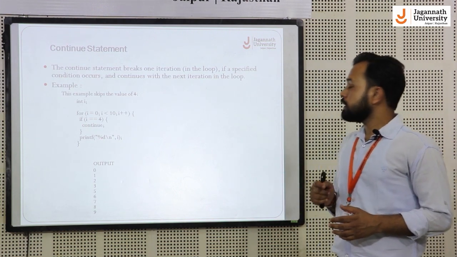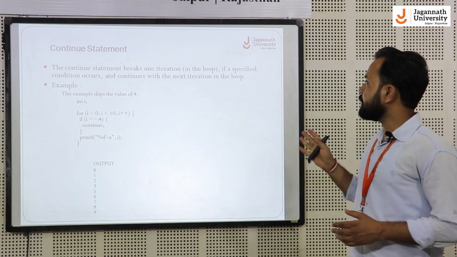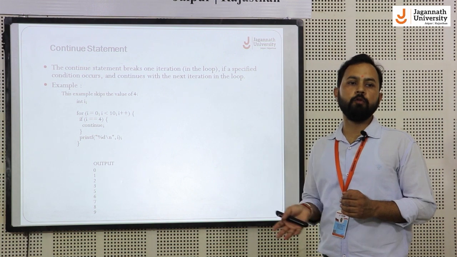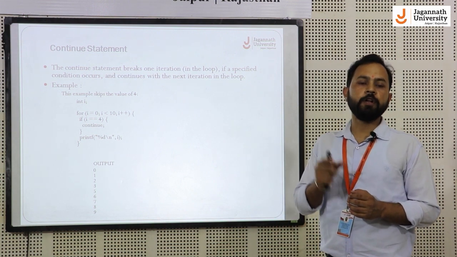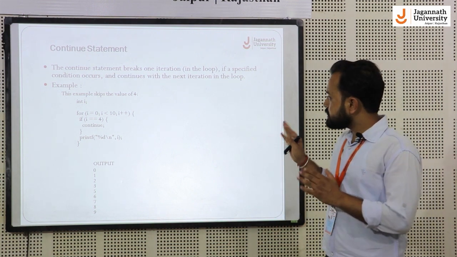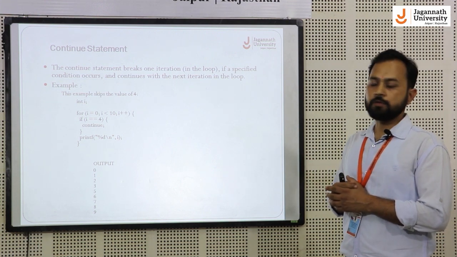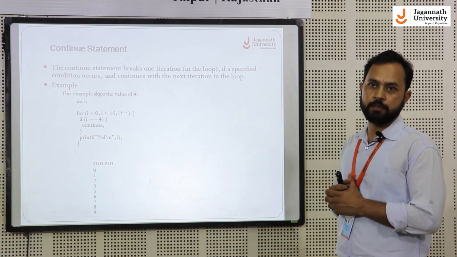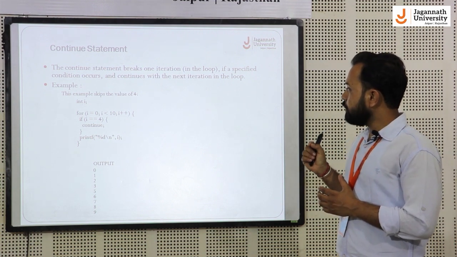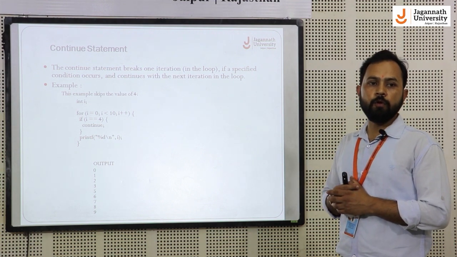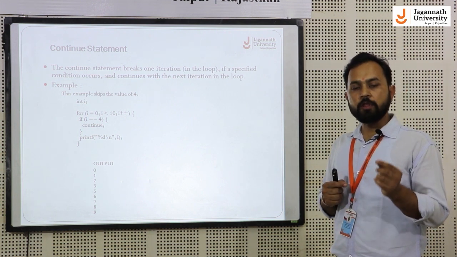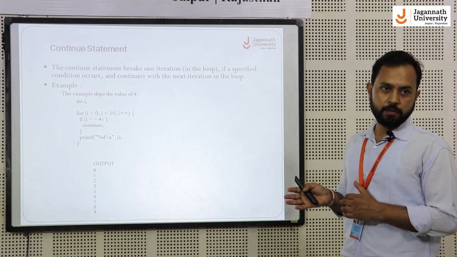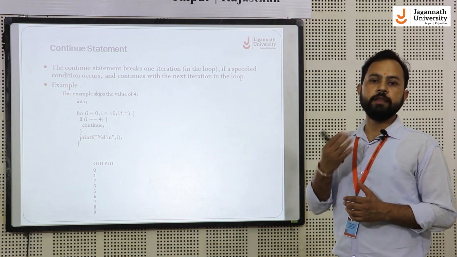Next is the continue statement. In the continue statement we do not exit from the loop, we just skip for a particular condition. The same previous example is taken. In this example you can see that after the if we have the continue statement. So when the value of i equals 4, for that current condition the loop will be skipped and it will start from the next iteration.